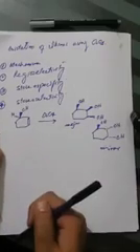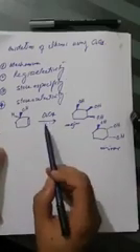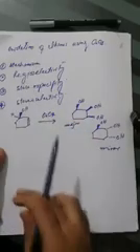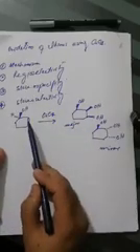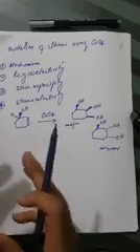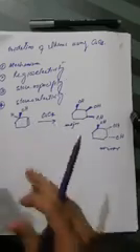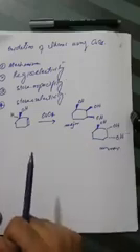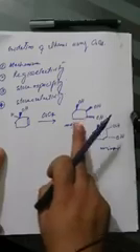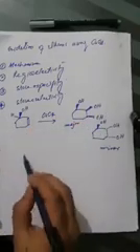Why did it happen? Actually, when osmium tetroxide attacks from the front side, the existence of the hydrogen bonding was facilitating the stability of the transition state, and that led to this product. So this is the major product.